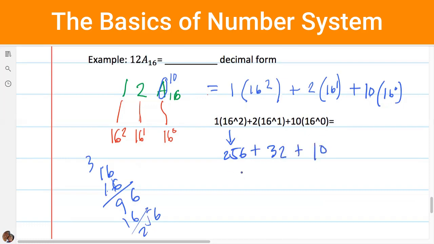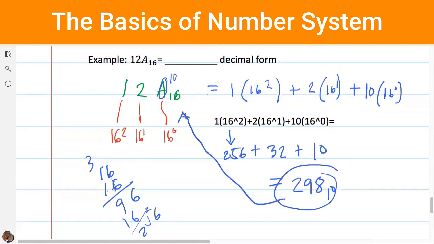So you have 256 plus 32, that is 288, plus 10, that is 298. So this is 298 base 10. So meaning the value here is 298. That is in decimal form.